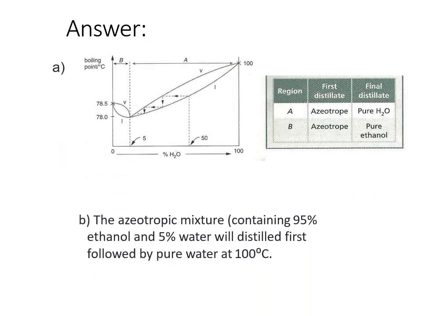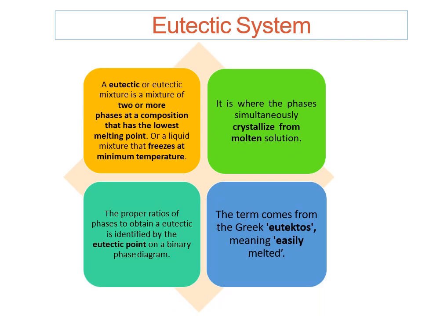So answers are being given. We have looked at the one component system, the two component system, and also which ones obey Raoult's law and which ones do not obey Raoult's law. And that happened for boiling point. For melting, we talk about the eutectic system. So a eutectic system is actually a mixture of two or more phases, at a composition that has a lower melting point.